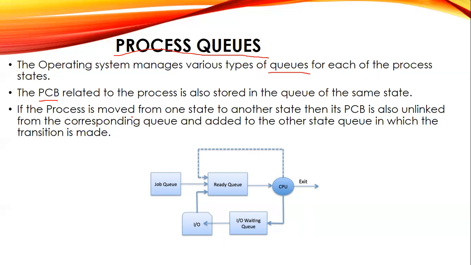If the process is moved from one state to another state, the process control block is also unlinked from the corresponding queue and added to the other state queue in which the transition was made. So we are updating the process control block according to which state the process is in.